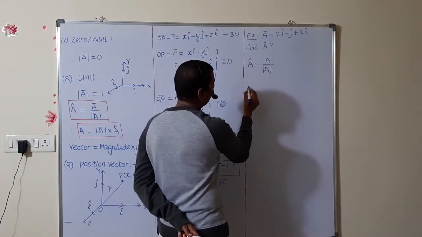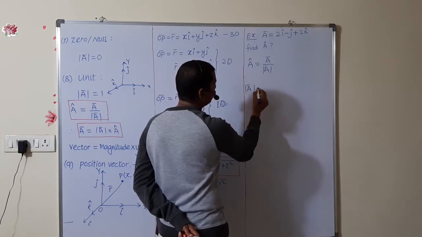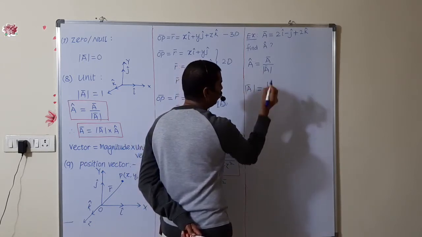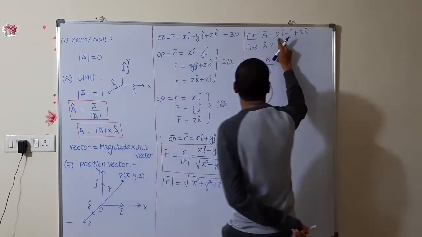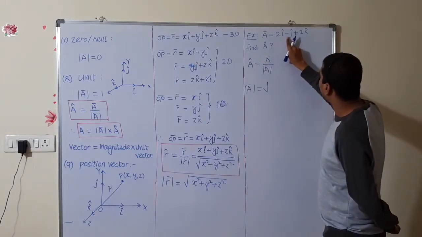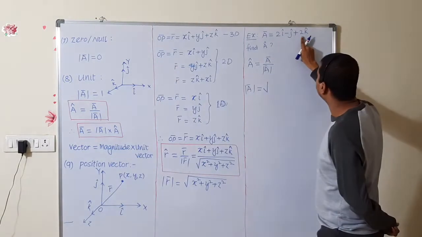If I want to calculate the magnitude of the vector, what is the formula? Square of the x component, plus square of the y component, plus square of the z component.